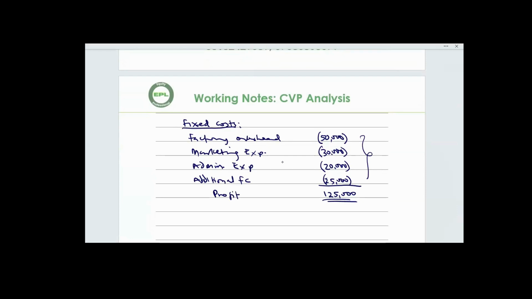That's not all, because the examiner asks you to compute the profit volume ratio, break-even point, and the profits. There is no way you can determine the PVR or the break-even point without first determining the profits.